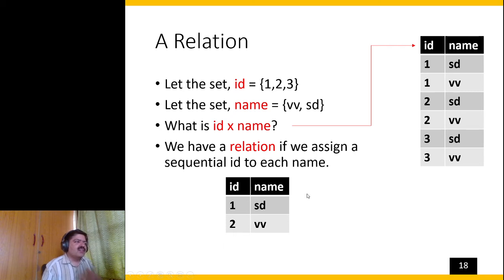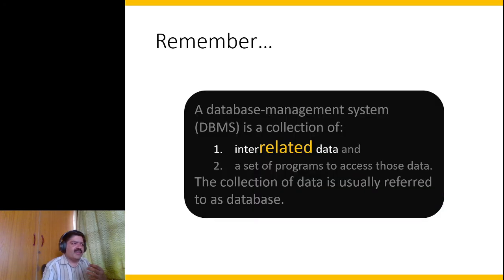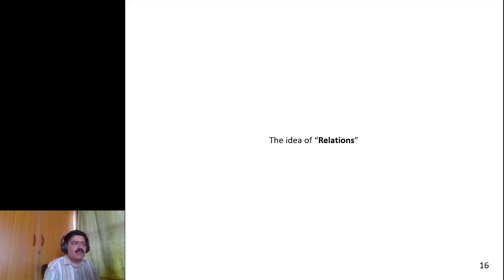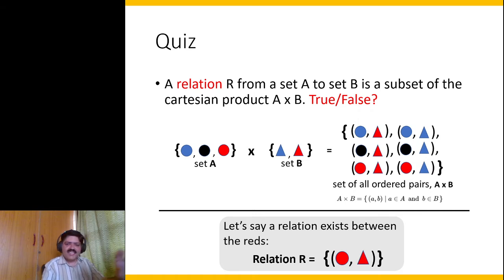So in other words, we have a relation if we assign a sequential ID in this case, and in general, we see that a subset of a Cartesian product is very useful in depicting interrelated data. So let me take you back to this original definition where we are concerned about interrelated data. So we are capturing the interrelated data as the mathematical concept of relations.